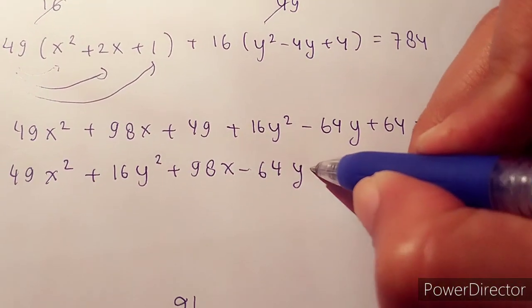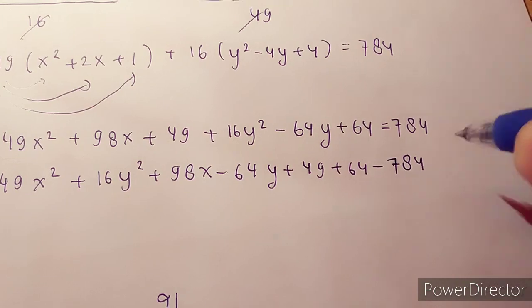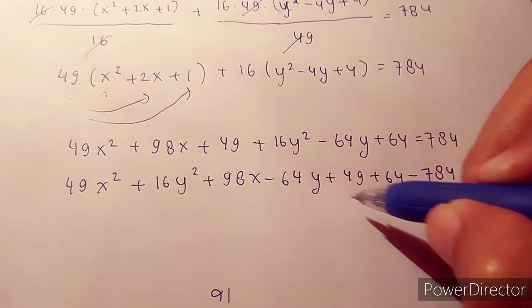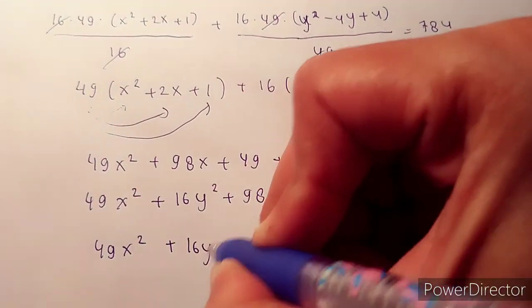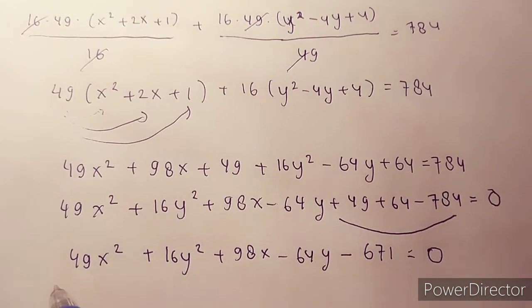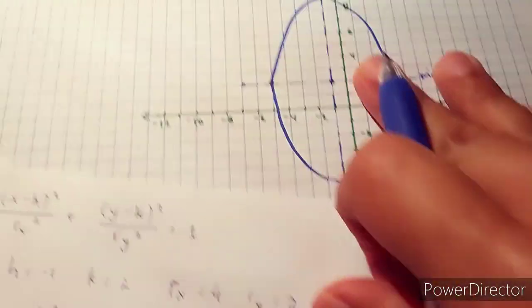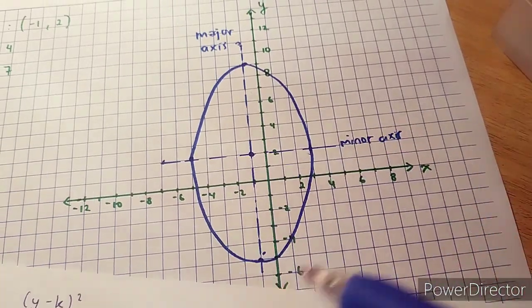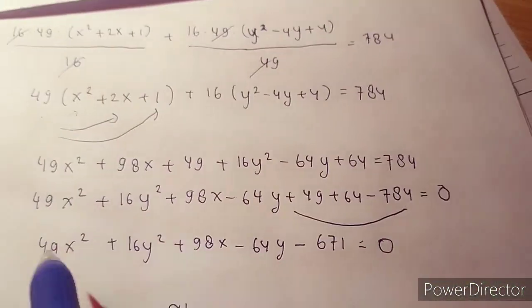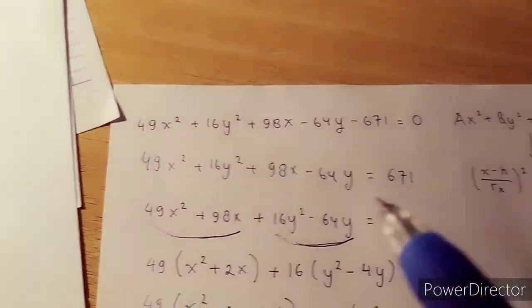So we have the numbers, which is plus 49 plus 64 minus 784 equals 0. So this is the final answer for the ellipse in this graph.